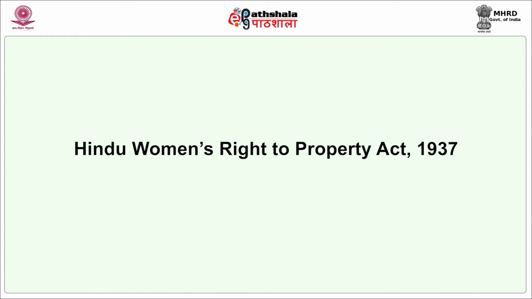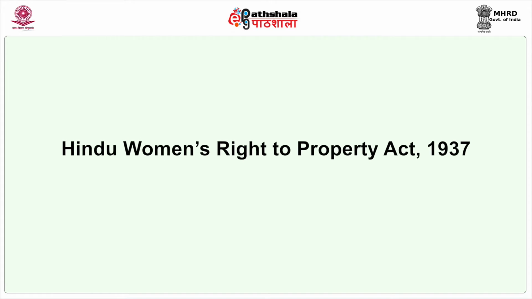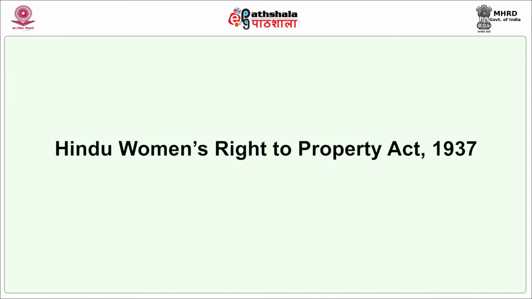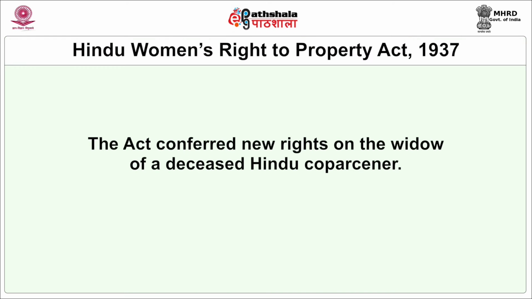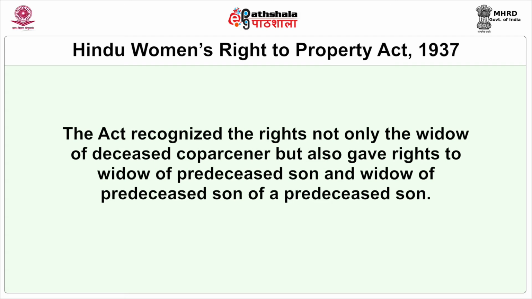Hindu Women's Right to Property Act 1937. The Act conferred new rights on the widow of a deceased Hindu coparcener. The Act recognized the rights not only of the widow of a deceased coparcener but also gave rights to the widow of a predeceased son and the widow of a predeceased son of a predeceased son.